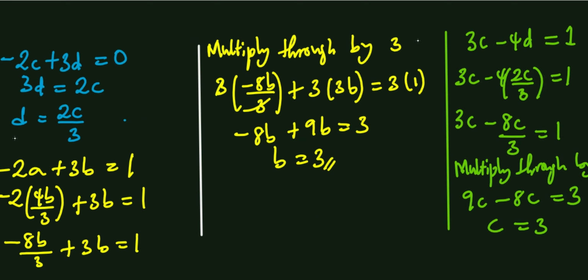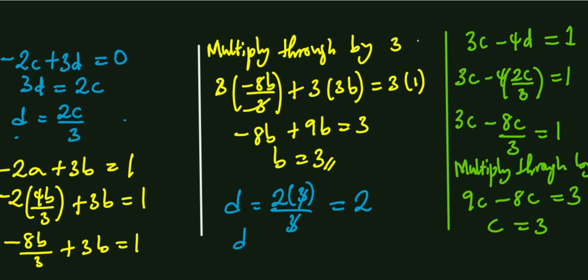Okay, now to get D now, D is equal to 2C over 3, where our C is 3 now. We put it there. So 2 times 3 divided by 3. So our D is equal to 2.